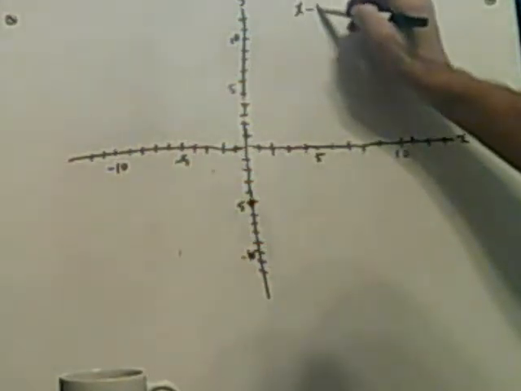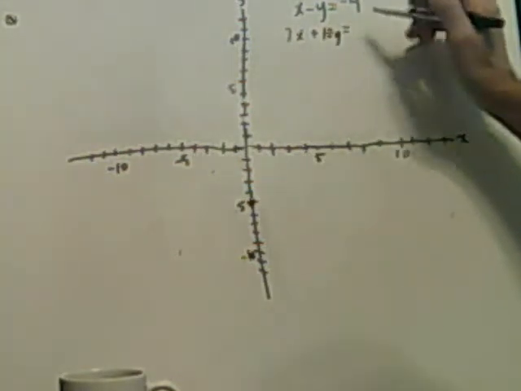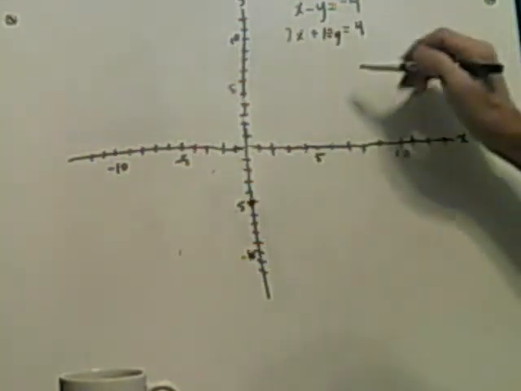First we have two equations, x minus y equals -4, 2x plus 10y equals 4. And then we have a pair, -3, 1. That's a pair, x, y.